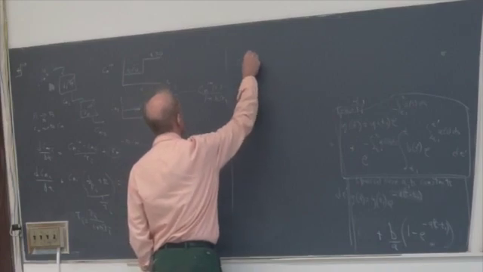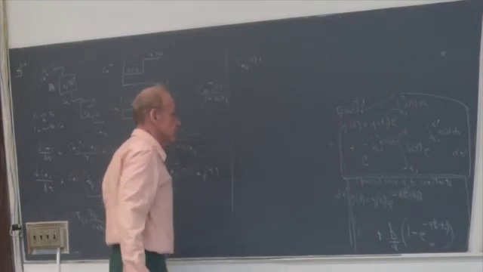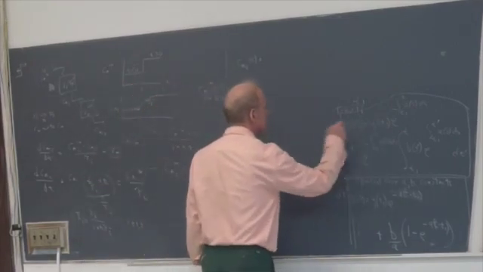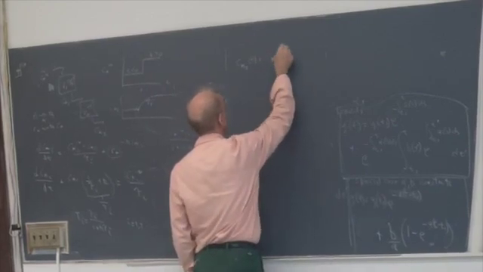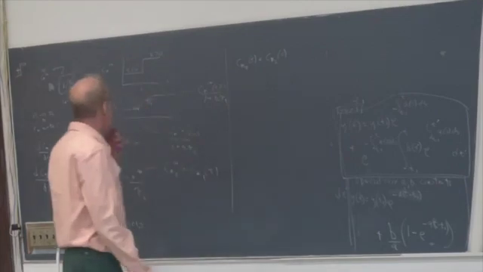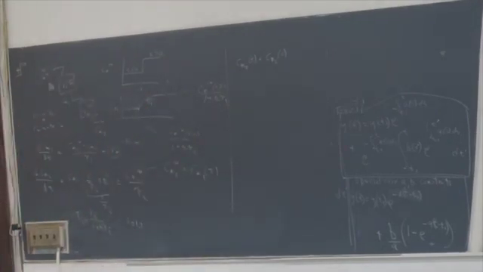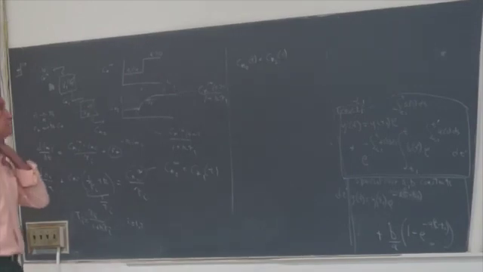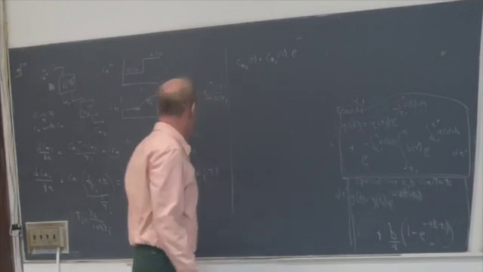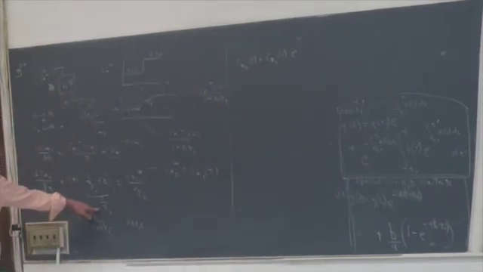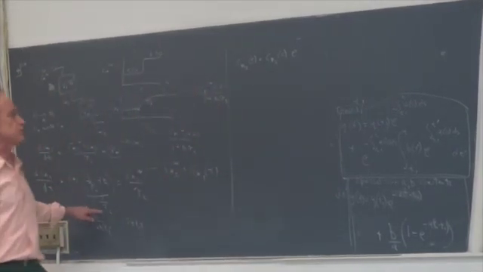CA2 of t is equal to CA2 of 0 times e to the minus the integral. CA2 of 0 was the steady state. We have to calculate what that steady state is. A is a constant, so I'm okay there.